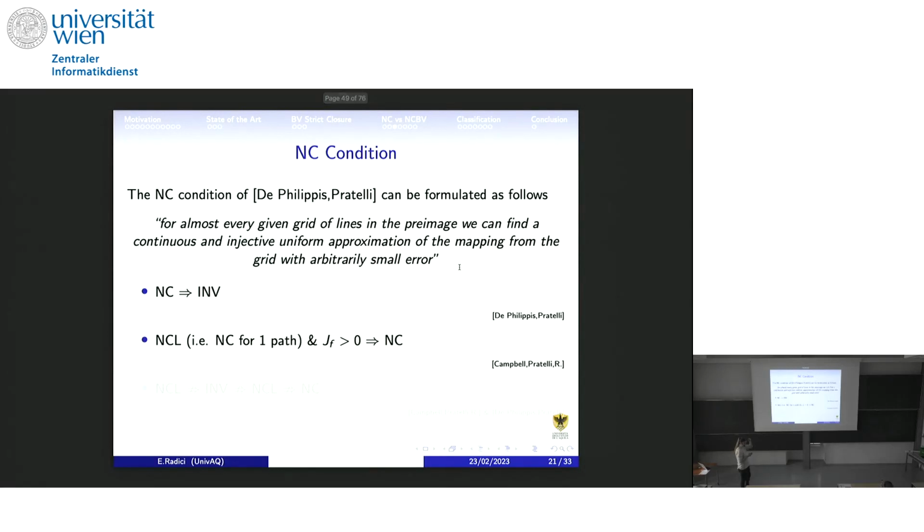Then with Aldo and Daniel, we tried to come up with a more handy equivalent reformulation of the non-crossing condition. We failed, but we thought, okay, maybe we can ask that the map is just non-crossing on lines, not on grids.